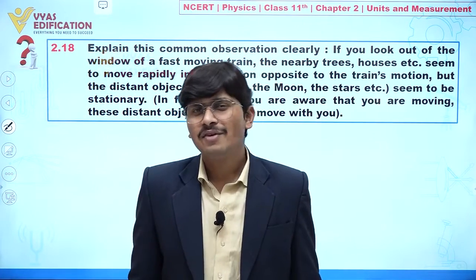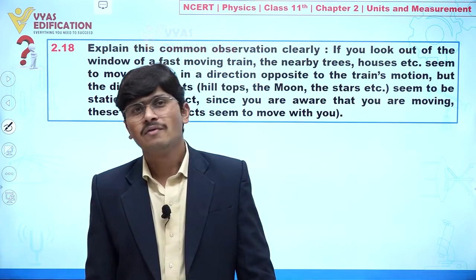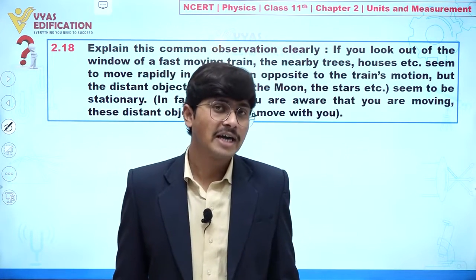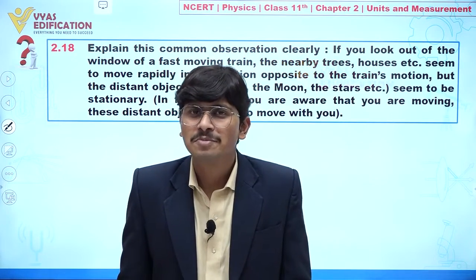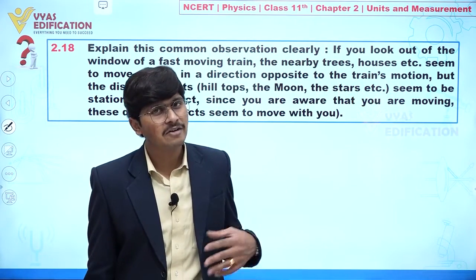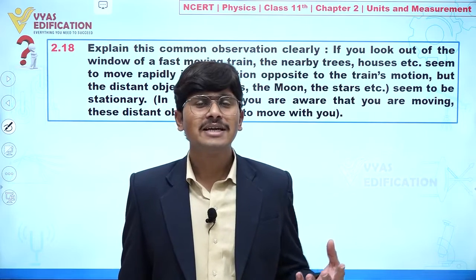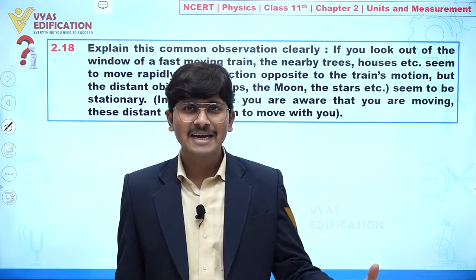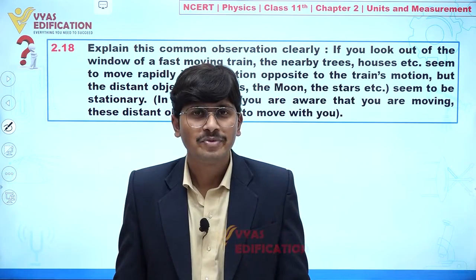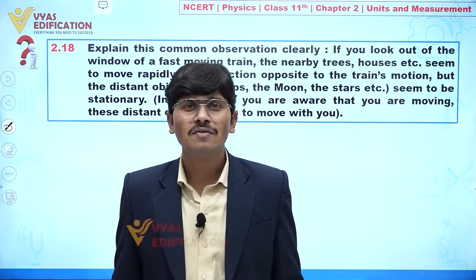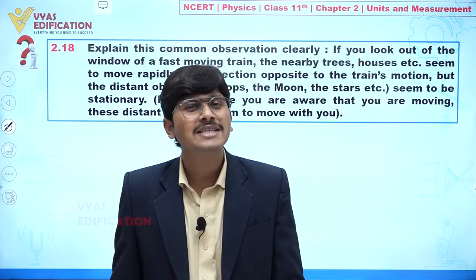Whenever we are traveling from one place to another via train, if we are sitting near a window, we always experience that trees or a person or a child standing outside are going in a direction opposite to our direction of motion. Why is this happening?